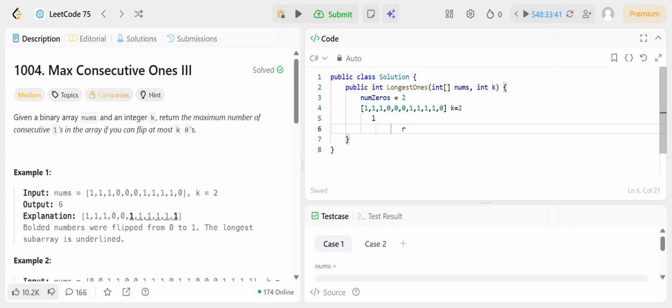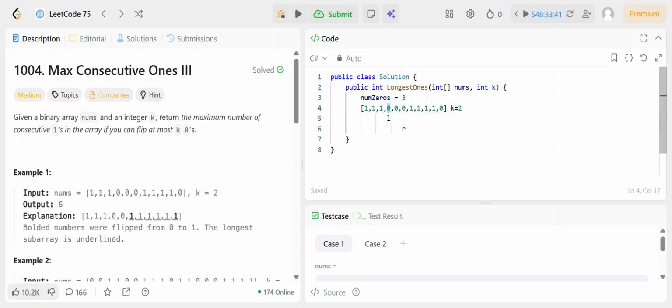So let's say I did that. Left is increased and the number of zeros is still 3. It's not decreased, as the value at the left position is not 0. So we will increase left, and the number of zeros is still 3. At some point we move to this particular position.